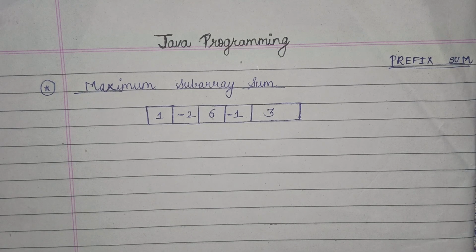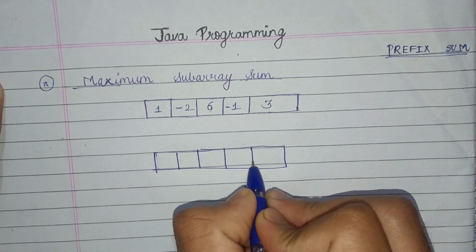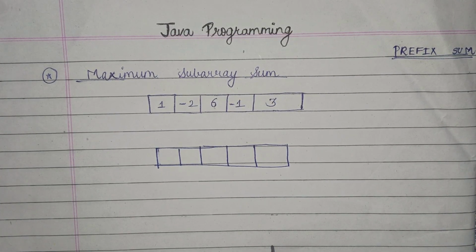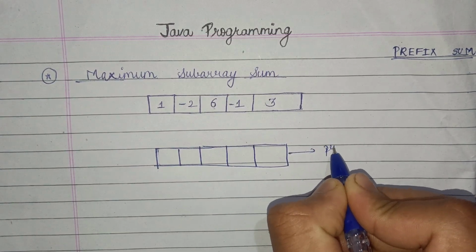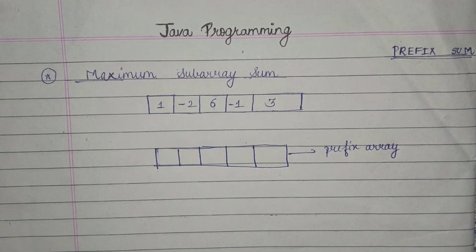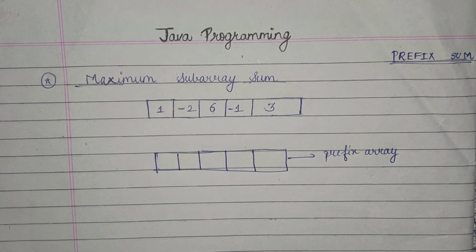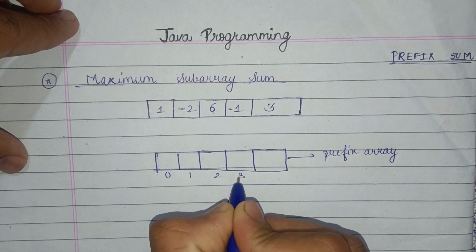So we are going to create an array, which is called the prefix array, and in the prefix array we are going to store the sum of all elements till the element I. For example, let's take indices 0, 1, 2, 3 and 4.